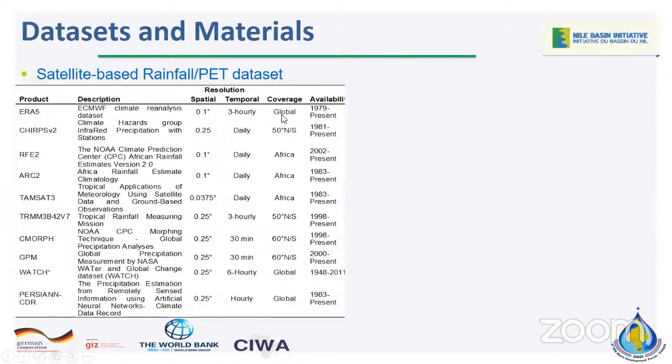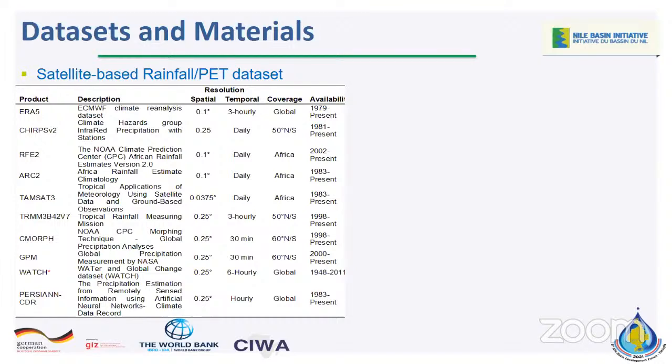Also, the products were selected based on being widely used and in the public domain. This data is publicly accessible. And the second criterion is long-term data availability for the calibration and validation purposes.